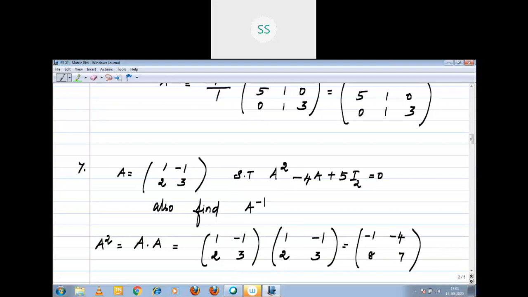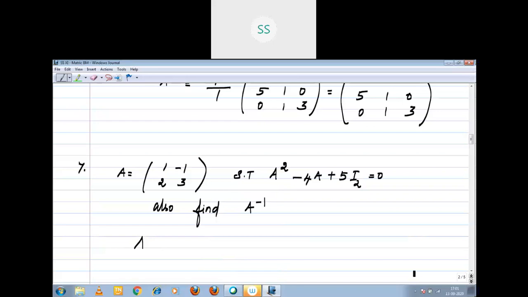First they are finding A inverse. Simple method they followed here, right? That we will do. That is easy compared to this. Simple method I am going to teach. First, we should find out determinant A, which is equal to 1 minus 1, 2, 3.